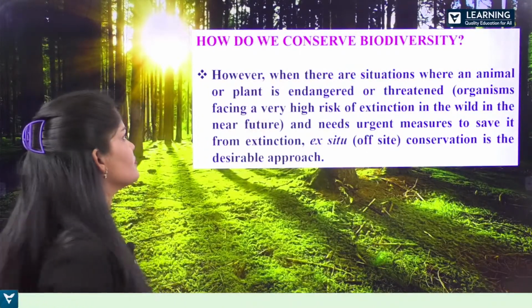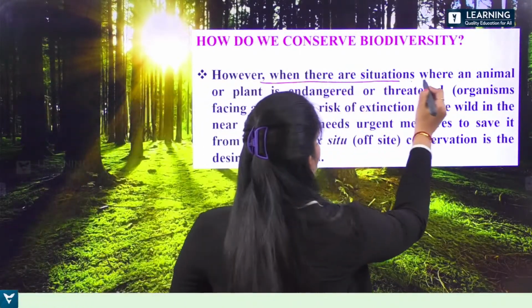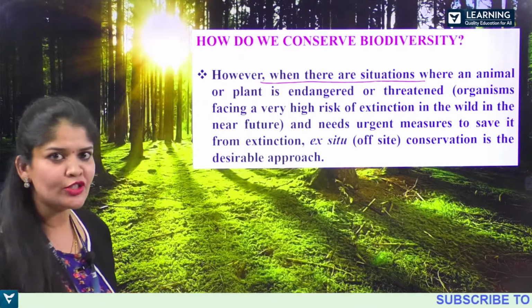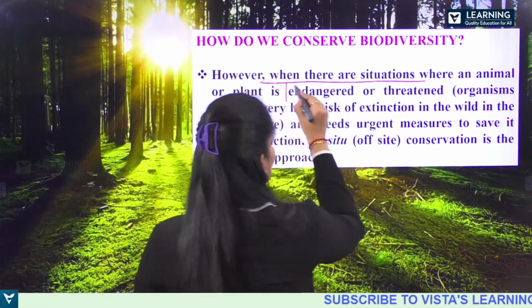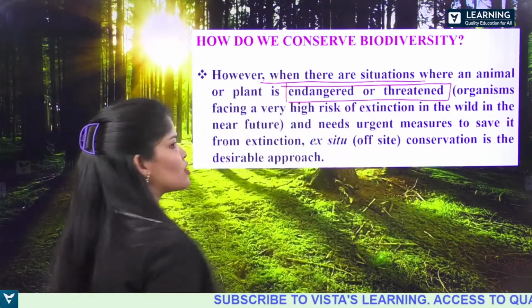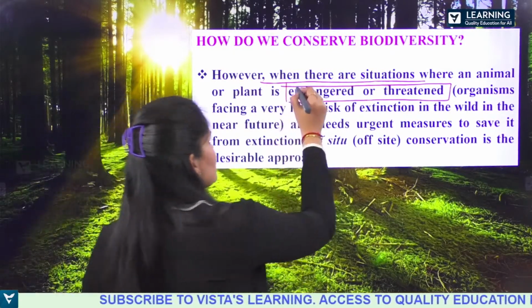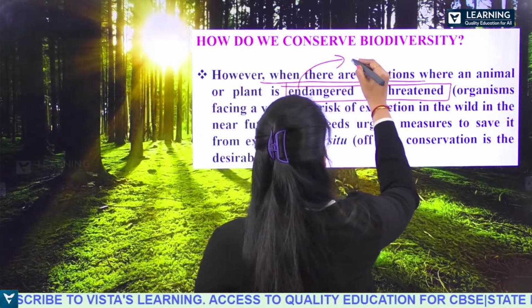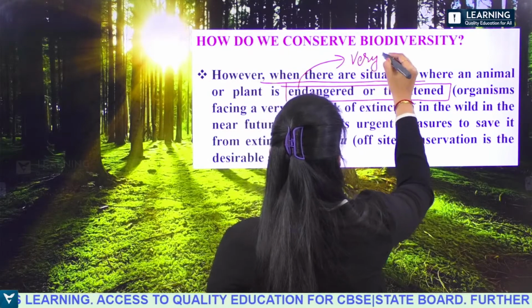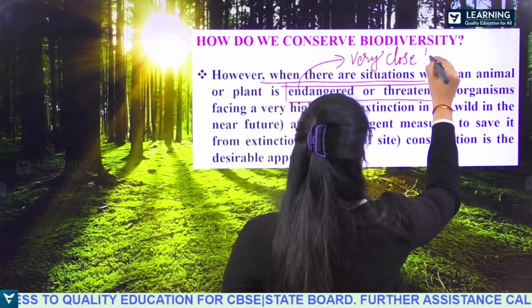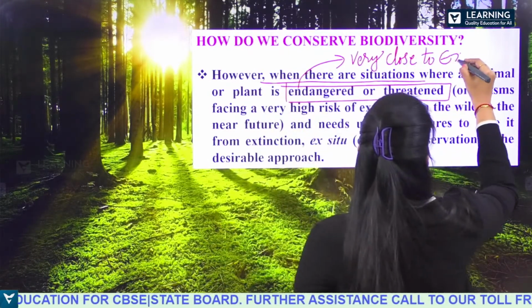However, there are situations where an animal or a plant is endangered or threatened, which means it is very close to the margin of extinction. Soon it is going to be extinct.